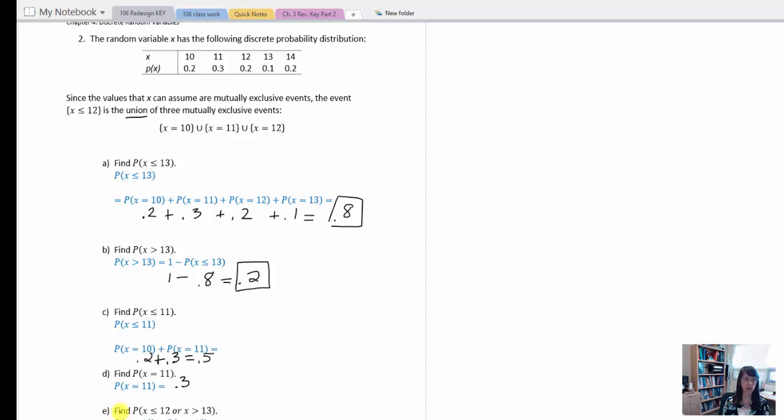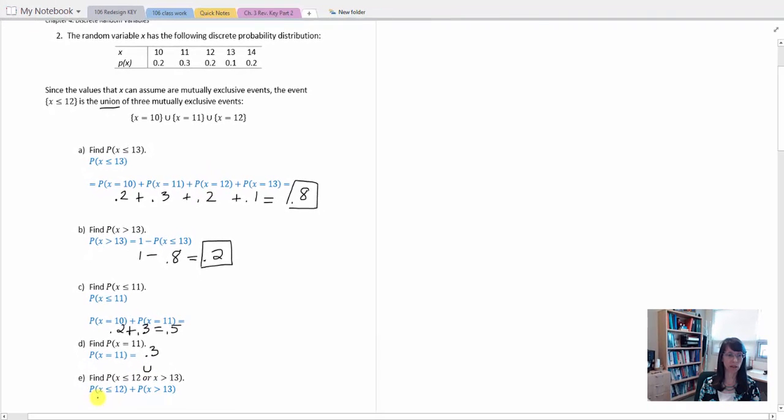For part E, we're looking for the probability of x less or equal to 12 or x greater than 13. When we see the word or, we're thinking the union of these probabilities. So we're going to add the probability of x less or equal to 12 to the probability of x greater than 13.